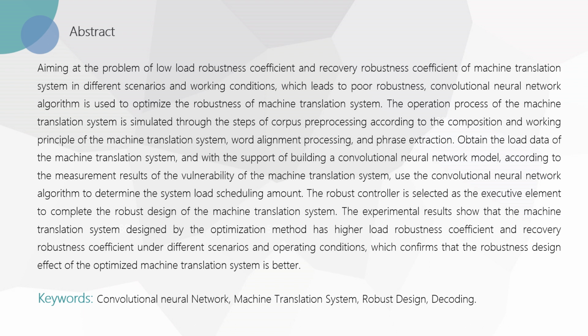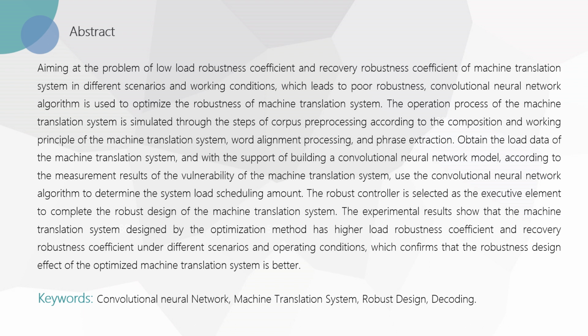Obtain the load data of the machine translation system, and with the support of building a convolutional neural network model, according to the measurement results of the vulnerability of the machine translation system, use the convolutional neural network to determine the system load scheduling amount. The robust controller is selected as the executive element to complete the robust design of the machine translation system.